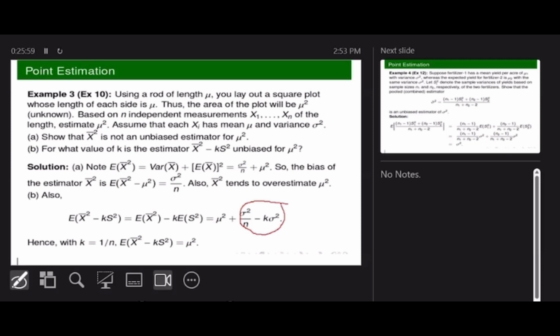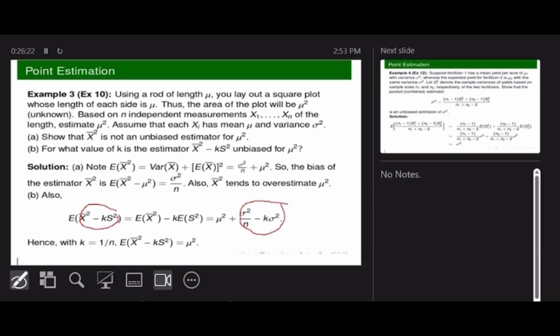Because they want you to figure out what is going to be the values of K for this expression to be unbiased. So after getting to this side, we are actually looking for this, right?